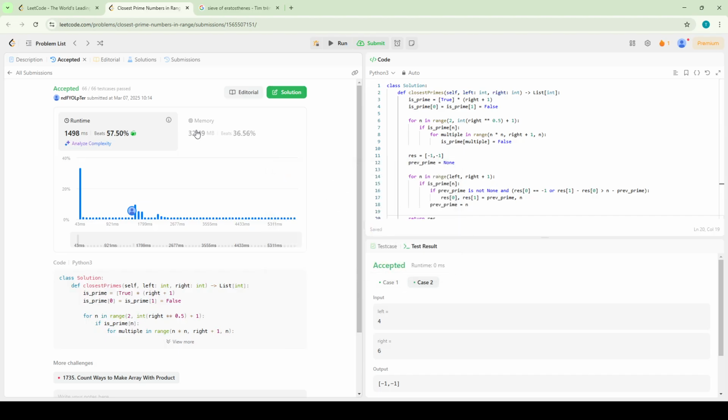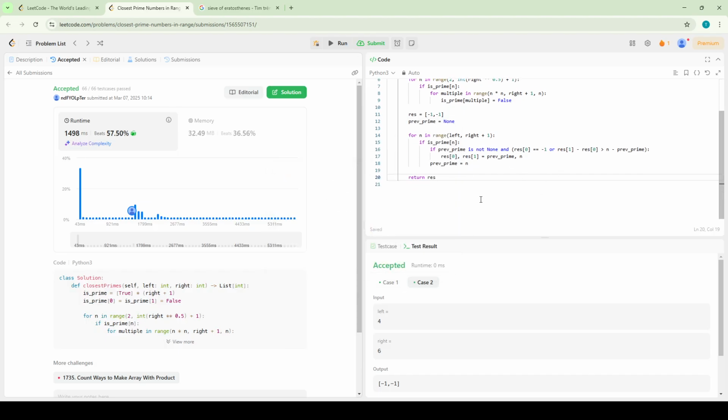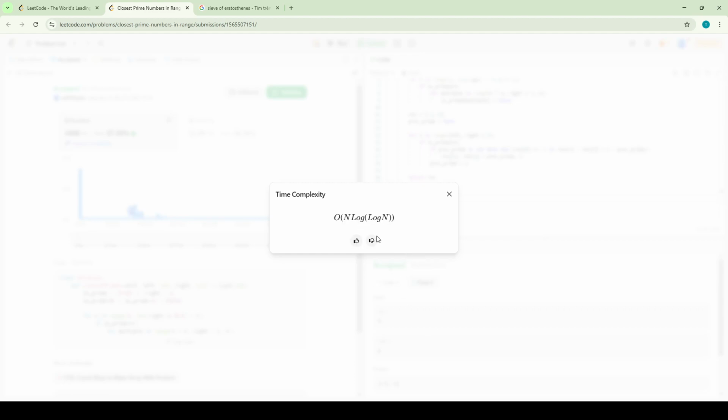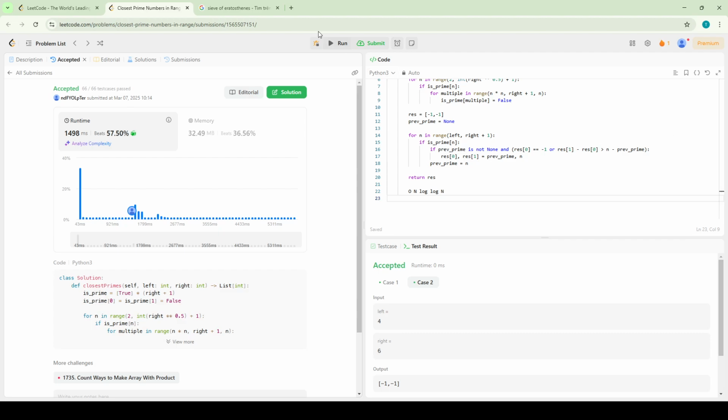Okay, so that's it for today. If you care about the complexity, it's actually quite complicated. It's O(n log n), right? You can see here it's actually O(log n) and log n.